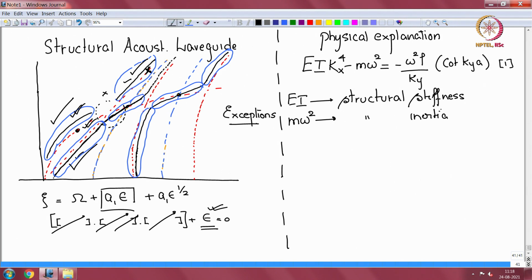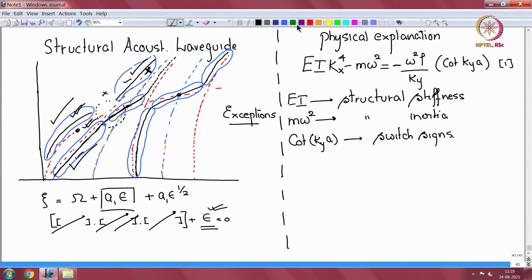Okay. Now please note that cot kya, because it is composed of cosine and sine, it will switch signs. It will have positive regions and negative regions in frequency. Okay. So it has a minus here. Okay.